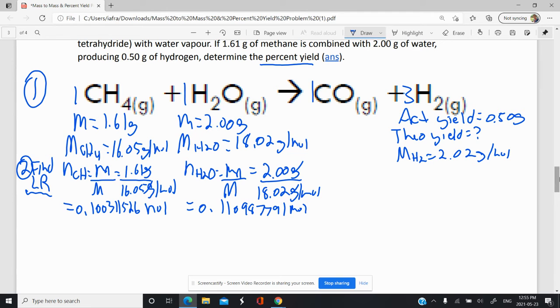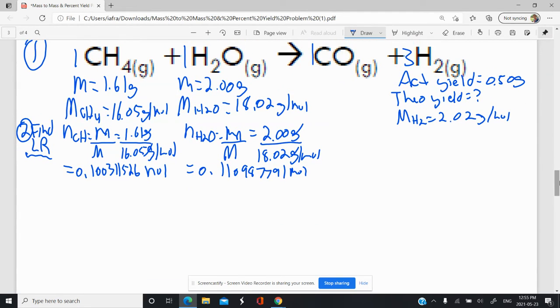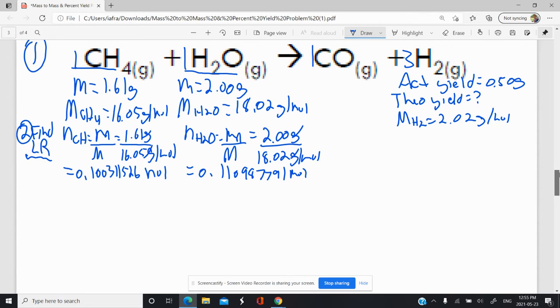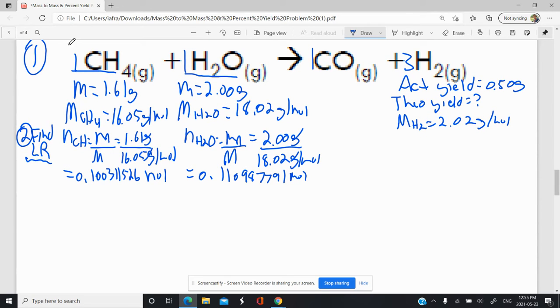I can do that using several methods. I think the easiest method would just be to compare them by dividing them by their coefficient. It's beautiful here because the coefficients are just 1 and 1. So we don't really have to divide them at this point by their coefficients. We just have to basically choose whichever one is the smallest one, since they're already 1 and 1 here. It's a 1-to-1 ratio.